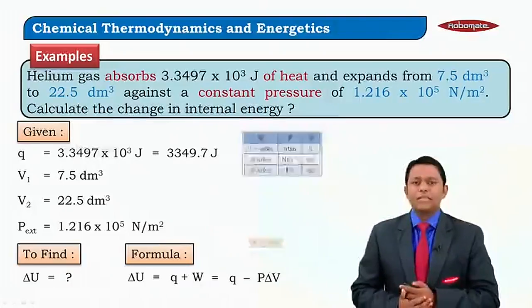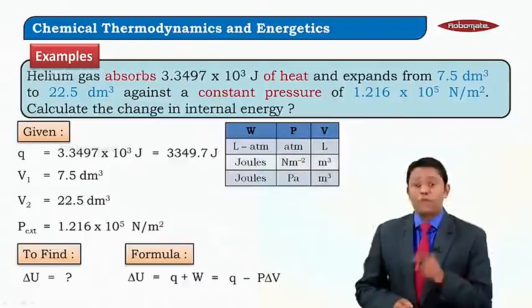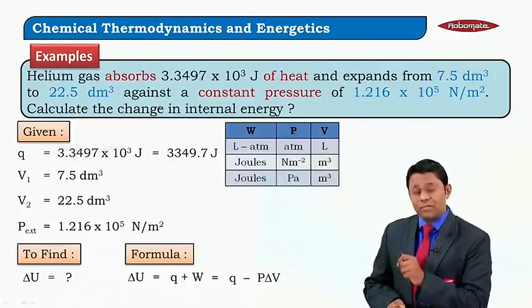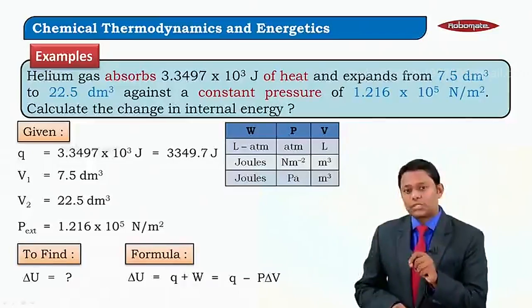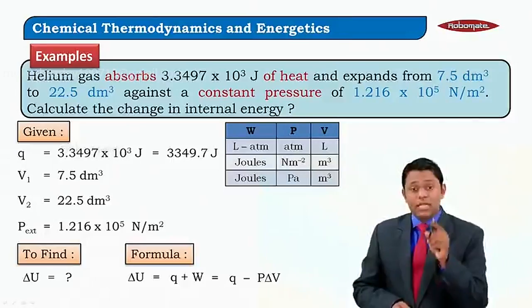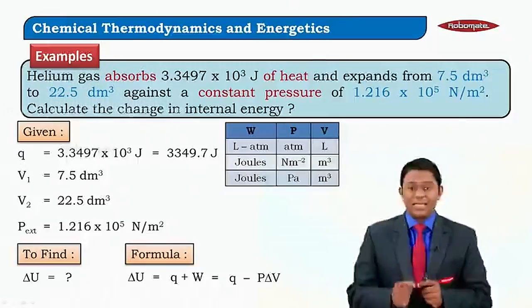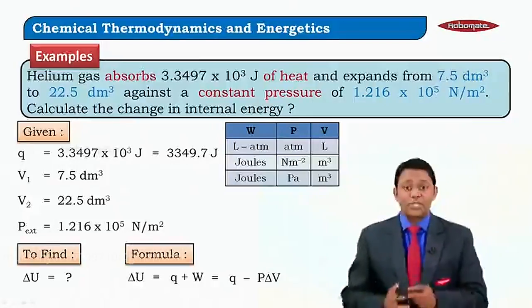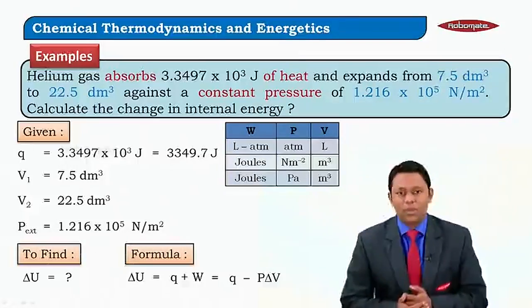Now let's first check whether every unit is given in the proper terms. The unit of Q is given in joules. So if we are adding or subtracting pressure and volume terms, they have to be also in joules. So to get the value of P delta V, that is W in joules, the pressure has to be either in Newton per meter square or pascals. Now in the given data, the pressure is already in Newton per meter square.